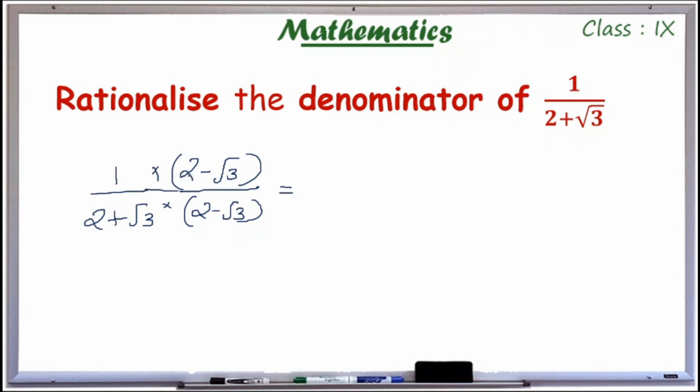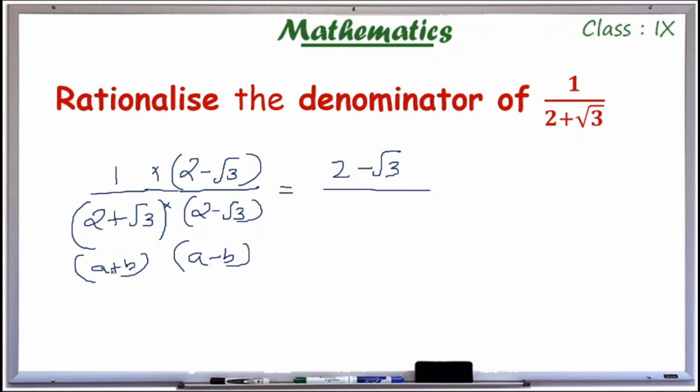So 1 into 2 minus root 3 is equal to 2 minus root 3. Now the denominator is of the form a plus b into a minus b. A plus b into a minus b is equal to a square minus b square, where a is 2 and b is root 3.